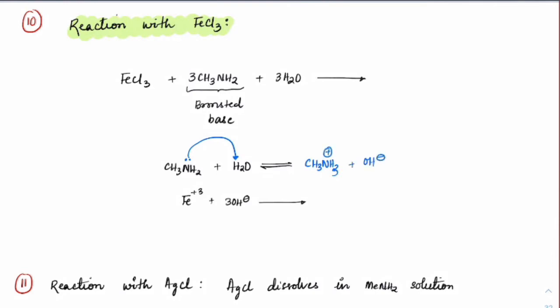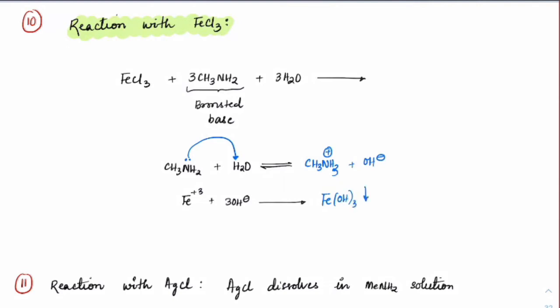Although the equilibrium will be mostly on the reverse direction, this can be enhanced if the OH minus is consumed, and that can happen in the presence of Fe3 plus. If you have Fe3 plus, the OH minus can be consumed and we get a precipitate, Fe(OH)3, a brown precipitate.